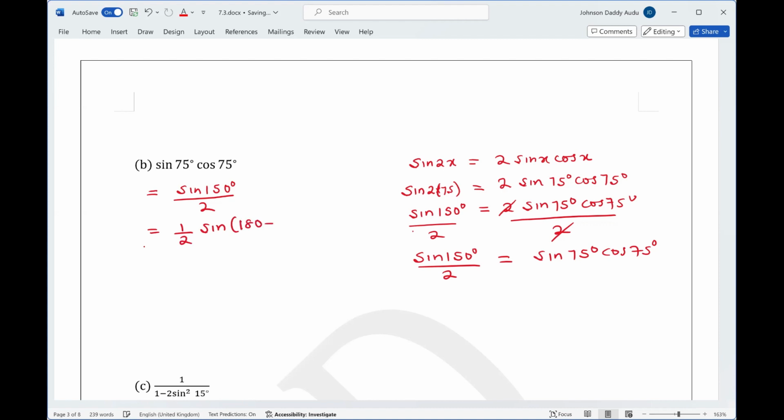Second quadrant. So in second quadrant, sine is positive. So we just have half sine of 180 minus 150. Then what? Sine of 30. And what is sine of 30? It is 1 over 2. So the answer is just 1 over 4.